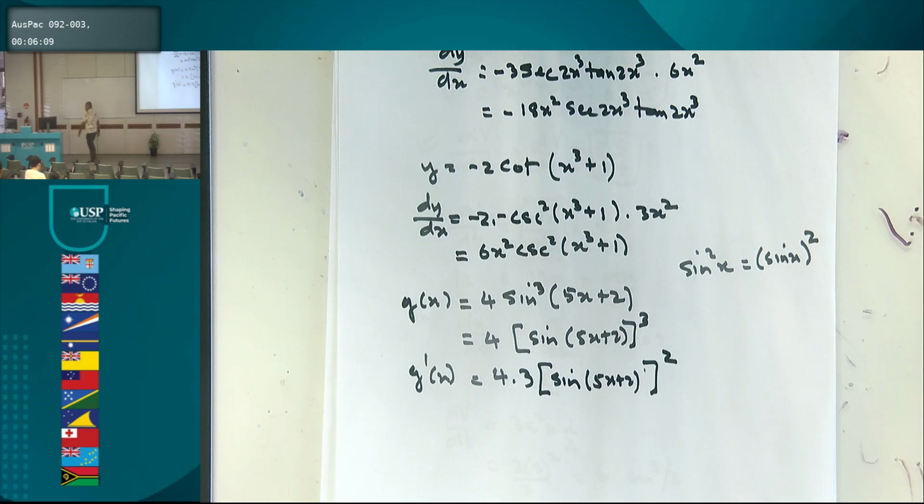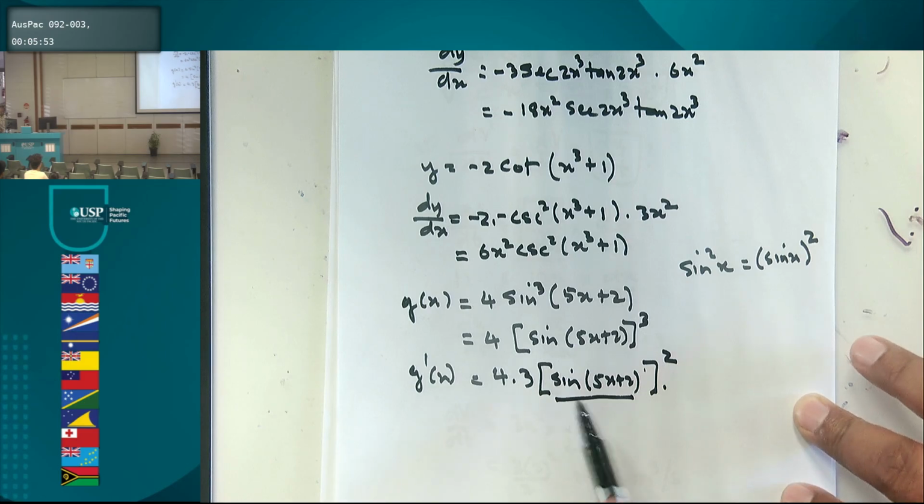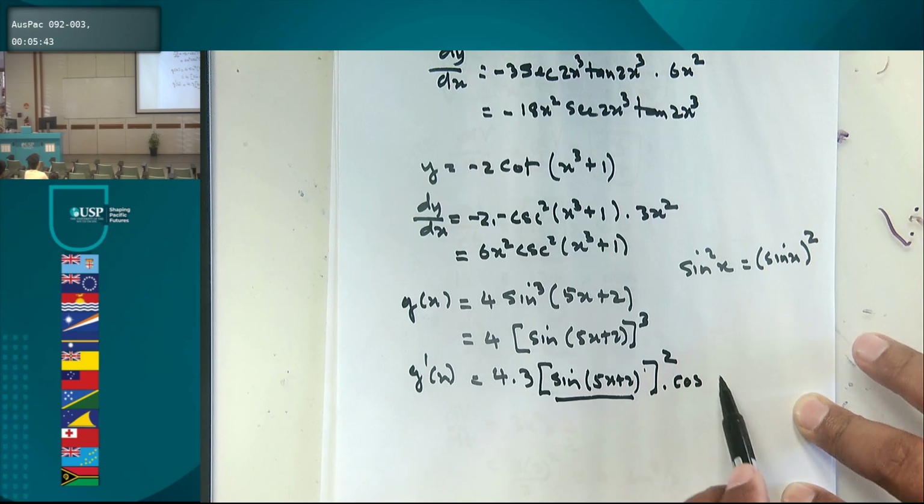Yes, somebody? Times. Differentiating sine 5x plus 2. This on its own has an outer, which is sine. So if we differentiate sine, what do we get? Cos. What should we have here? We differentiate the outer, the inner remains.